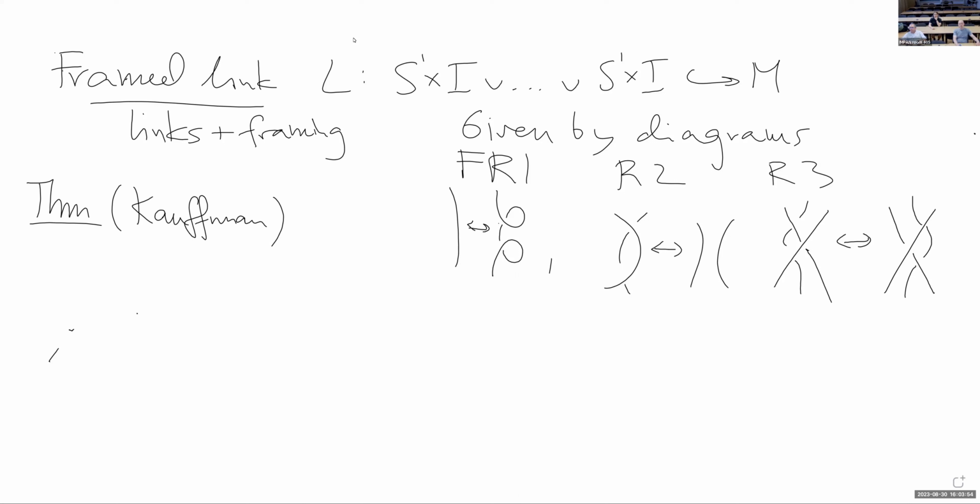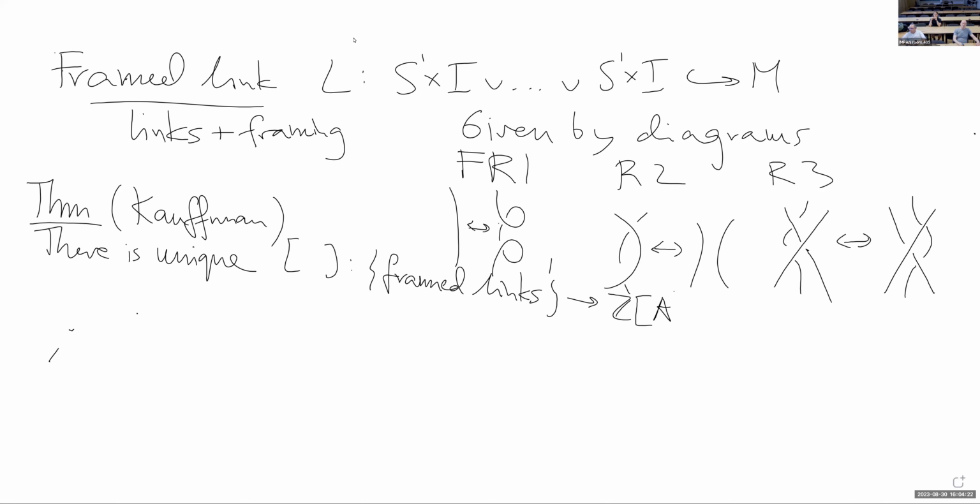There exists a unique bracket polynomial going from framed links to Laurent polynomials in A, with Z coefficients. This is supposed to be 1, not 7. And satisfying the following relations.